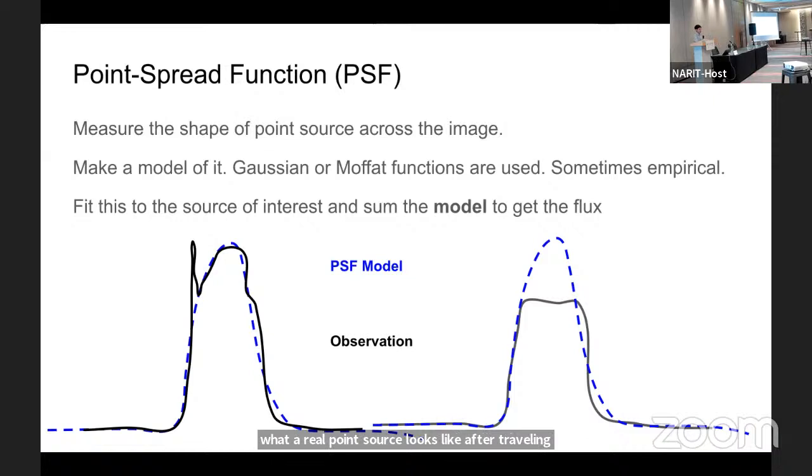Usually this has a functional form called a Moffat function. You can look up what the definition is. More simply, sometimes people just use a simple 2D Gaussian. It often doesn't do a good job, but you can play around with them and try to see afterwards.